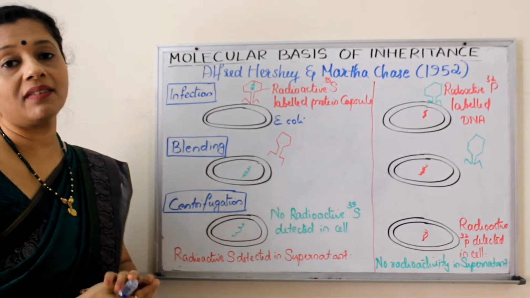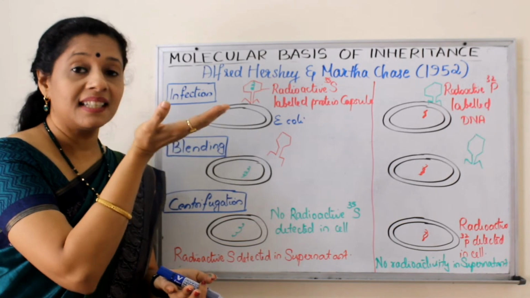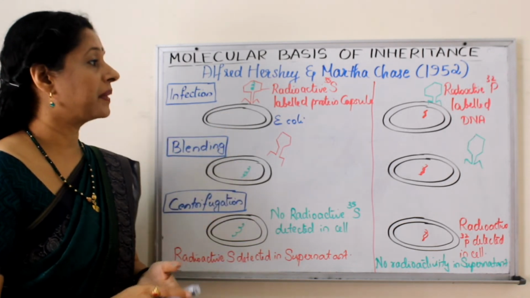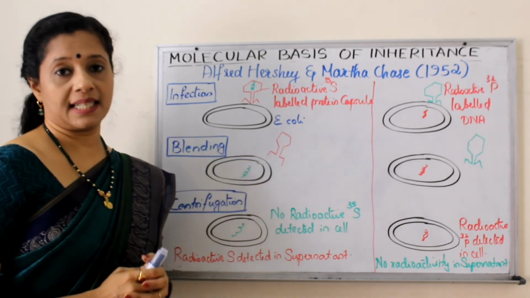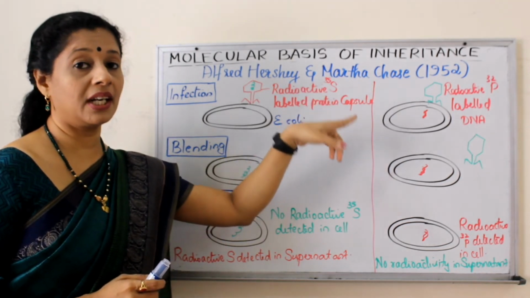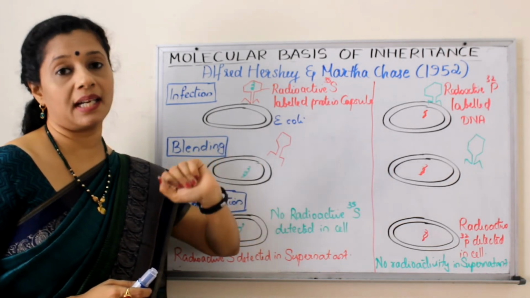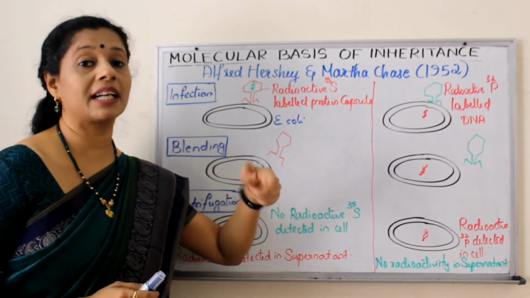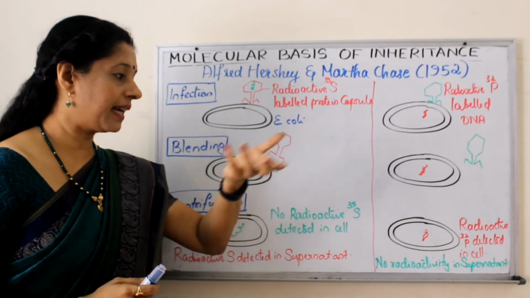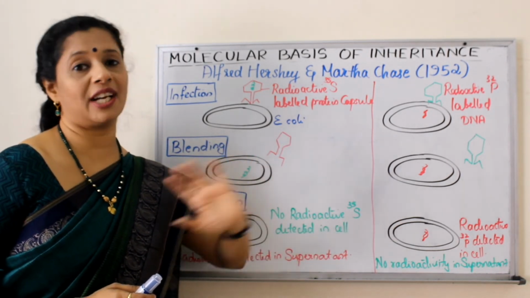It had radioactive sulfur because the protein coats of the virus had the radioactivity. Whereas in the second set, the infectious agent had radioactive DNA. They found the pellets were radioactive, containing radioactive phosphorus, whereas the supernatant was free of radioactivity.